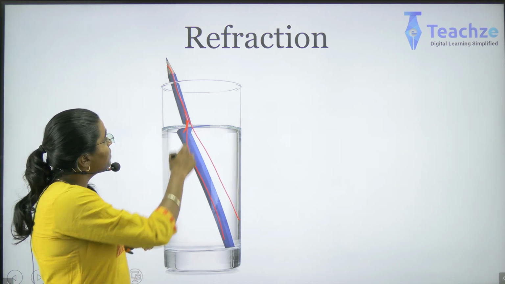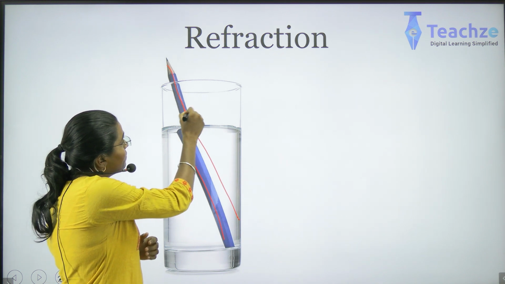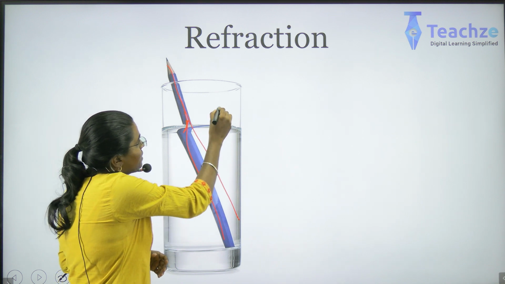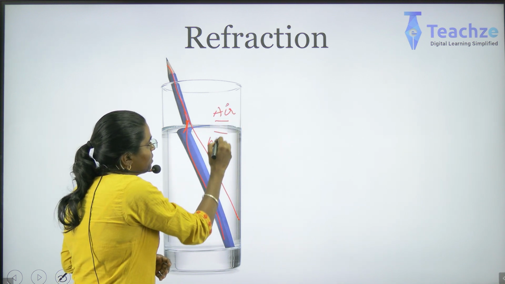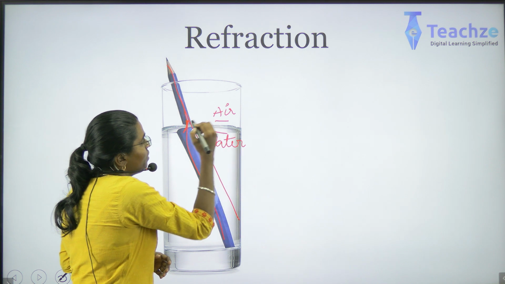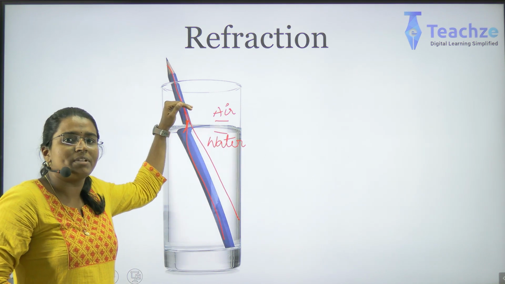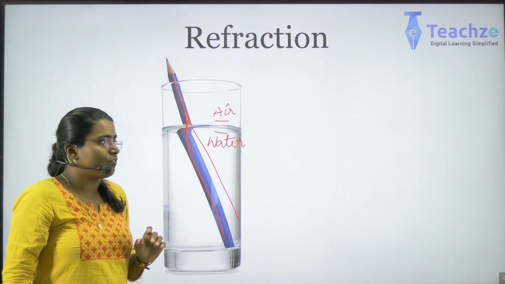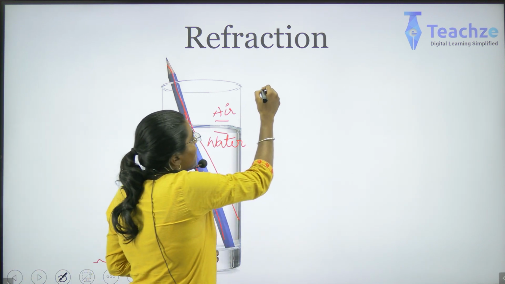Whenever there are two mediums, this is an air medium and this is a water medium, whenever light travels from one medium to another, there is a bend. There is a bending of light. So what is refraction?